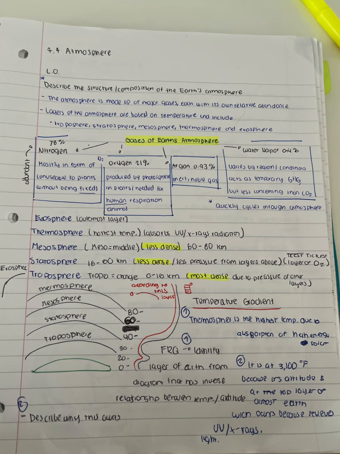Then, in responding to describe why this occurs, this is because it's the altitude at the top layer of the Earth, which means that it receives the UV light and the X-rays, and this explains the 3,100 Fahrenheit temperature.